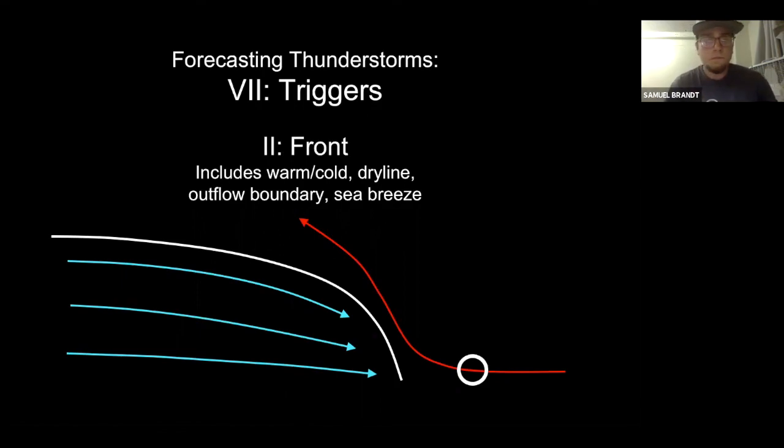I'm being pretty broad with that definition, but it's pretty much any kind of boundary between two different air masses where air comes together and is forced upwards. So you can imagine, in this case, air gets forced upward by the front, and that's another pretty obvious way that you can get lift.